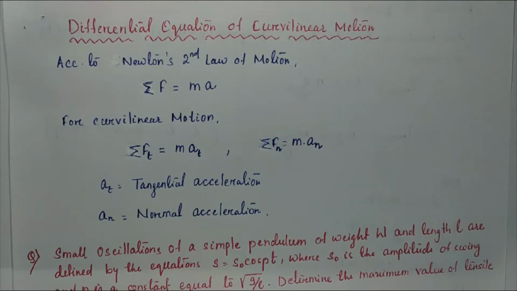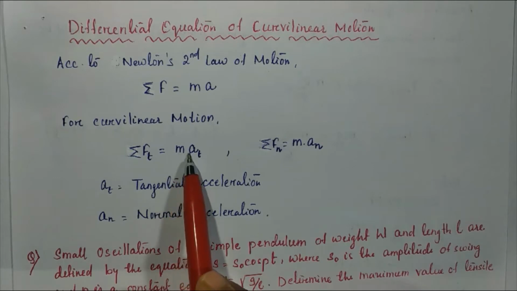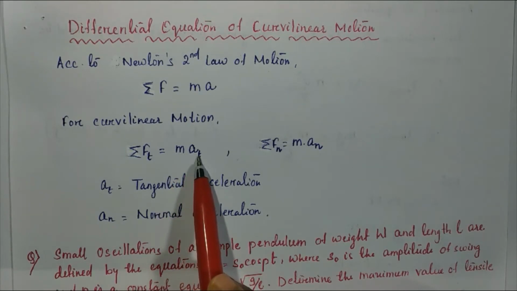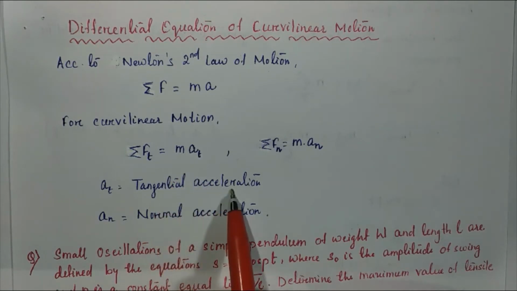For curvilinear motion, the acceleration has two components. The first component is the acceleration along the tangential direction, and the second is the acceleration along the normal direction. The summation of force along the tangential direction is equal to m into a t, where a t is the tangential acceleration.